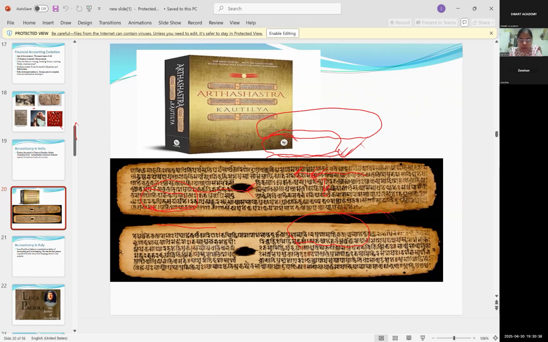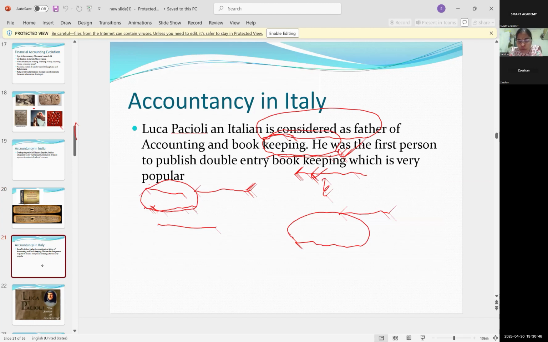Now, this was the evolution period. We had roots somewhere in Mesopotamia, somewhere in Rome, somewhere in India, and we have roots in Italy also. Why we are discussing this slide is because of Luca Pacioli. Can you see this name? Luca Pacioli. Yes, ma'am.